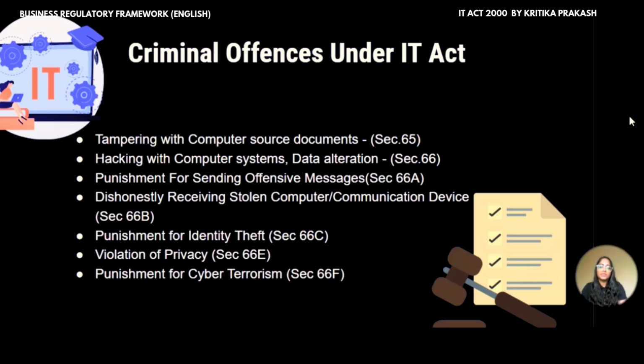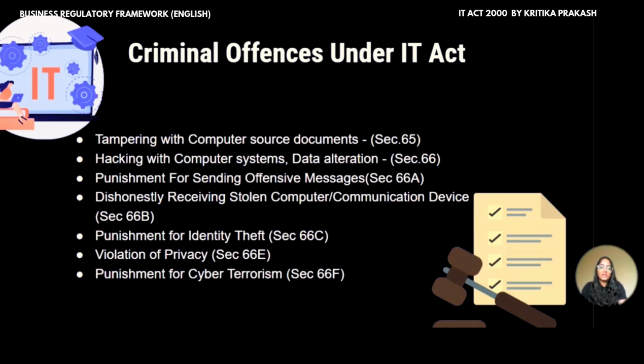Tampering with computer source documents refers to creating or changing the original document that is stored in the computer. Hacking with computer systems is taking or stealing the data away from the computer, and data alteration is altering, modifying, editing or deleting the data in the particular computer system.